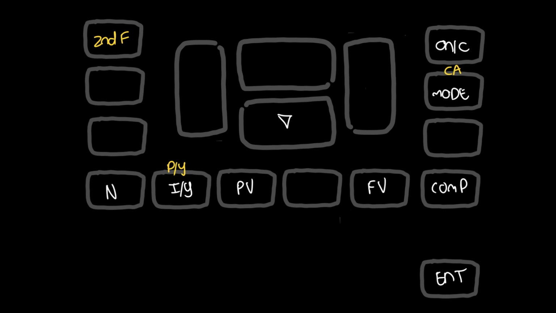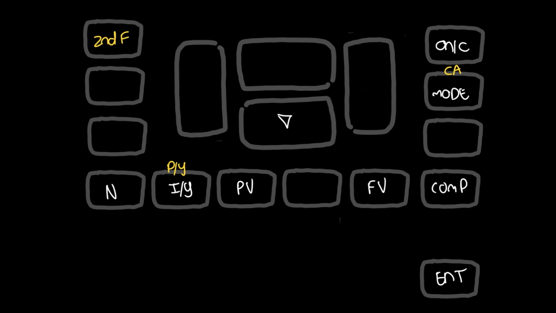You enter your PY as your compounding period. So if it's compounding monthly, you put in 12, compounding quarterly, you put in 4, and then you push enter. Then you check your CY by using the down arrow. Once you have that corresponding correctly, you push ONC again to clear your screen.